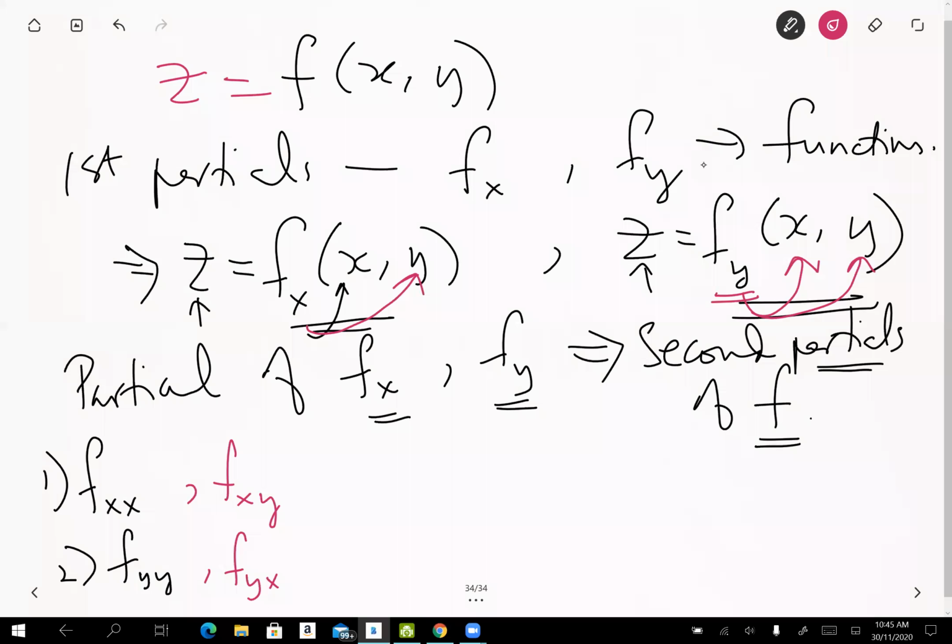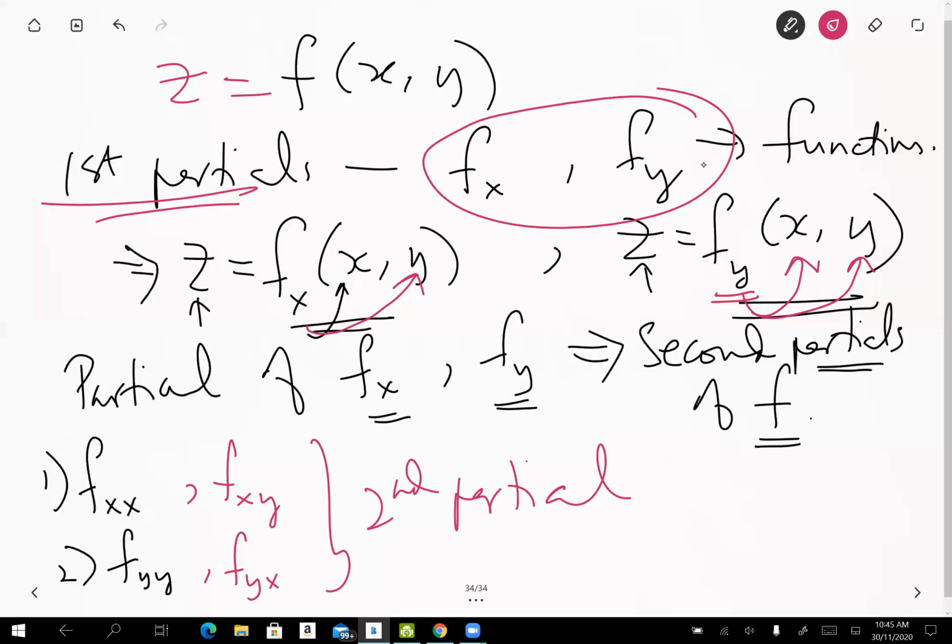So these are the second partials. The first partial, you have two. Second partial, there are four, because fx is a function of x and y, and fy is also a function of x and y. So you take the derivative of the derivative with respect to the two variables.